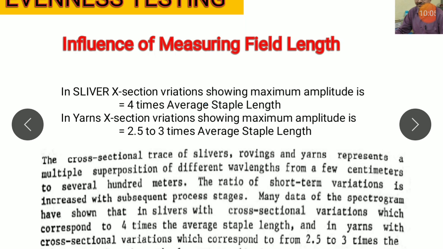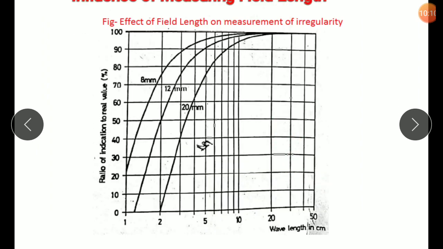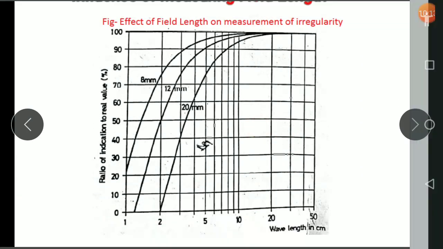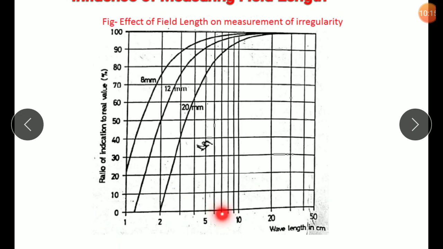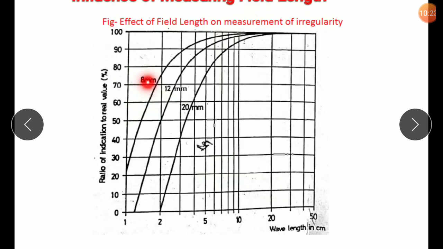So now see that with an 8 mm gauge length, more than 96-97% of the variations are being covered, which have a maximum amplitude corresponding to 7 centimeters with 1 inch mean fiber length.